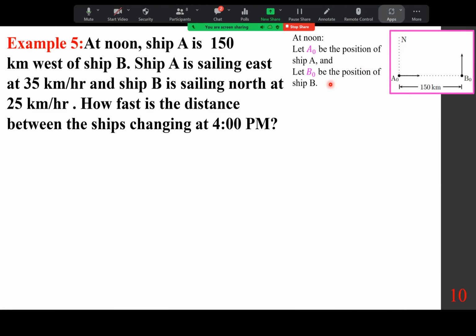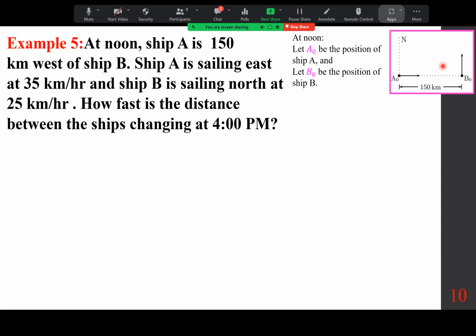Here's where the initial value of B, the second ship, is. A is moving east, B is moving north, and they have a distance of 150 to begin with, which is going to be changing because we are moving in these directions. So that's the initial condition, if you will.